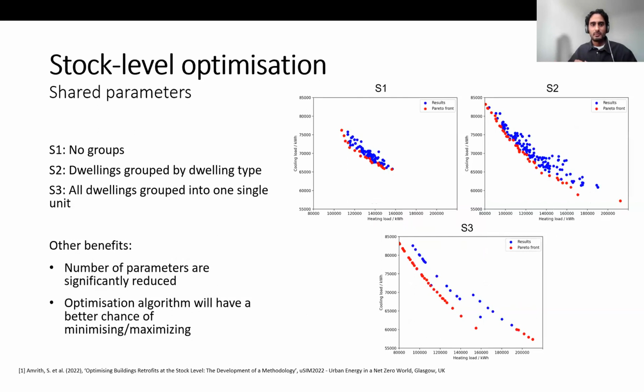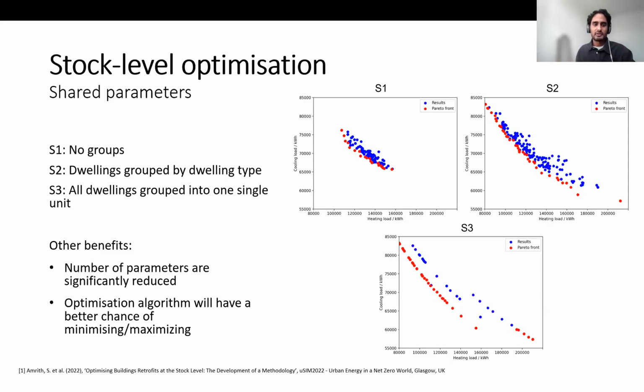A bit more on how this affects the results. So another consequence of using shared parameters is that you reduce the overall number of parameters. And this can have benefits for the optimization algorithm, actually. So one of the challenges at the stock level is that there will be a very high number of parameters because you're considering so many buildings.